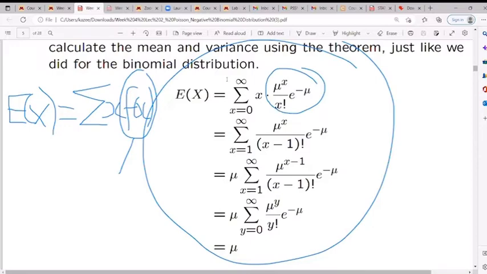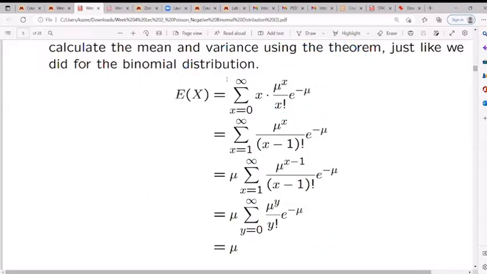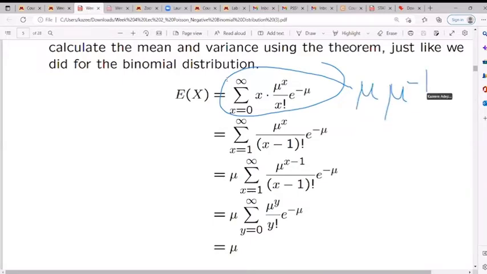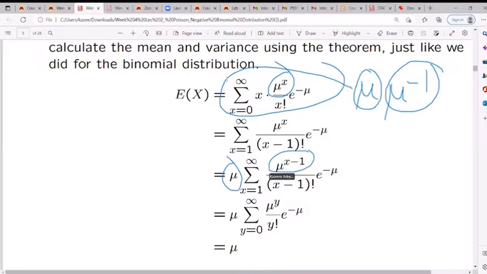Okay, so when I plug that in, I find myself in this situation. And when I find myself in that situation, there's something that we want to do. If I introduce mu and mu raised to power minus one, of course, they're going to cancel out. But the mu here, I'm going to ask it to come to the front of the summation, and the mu raised to power x minus one I'm going to combine with that, and that will automatically give me this, and I got a mu here.